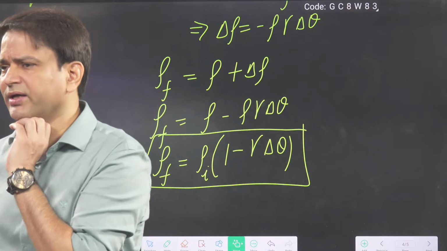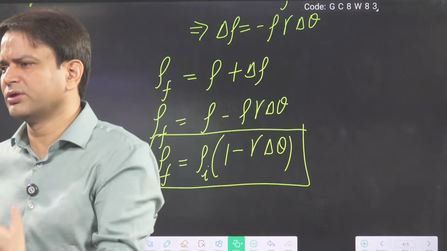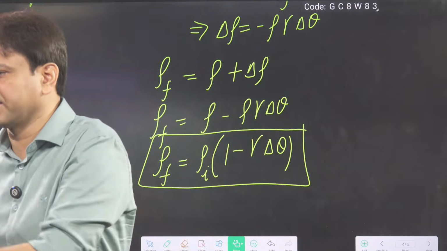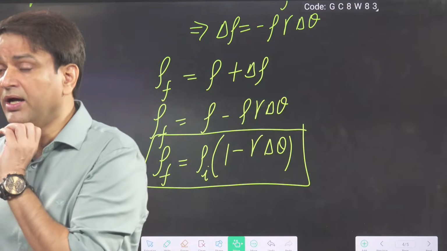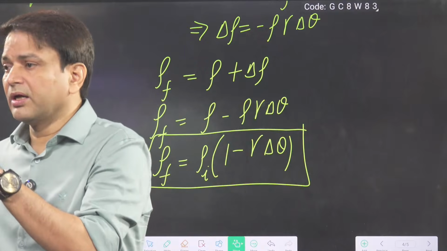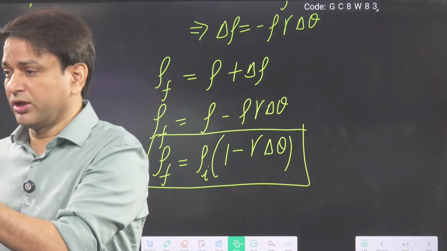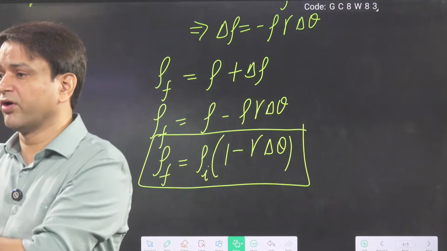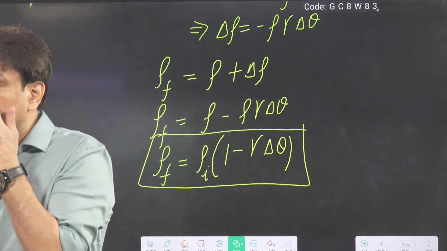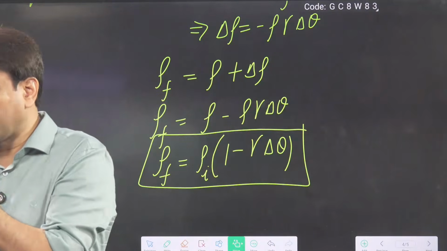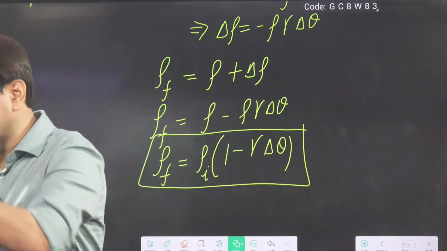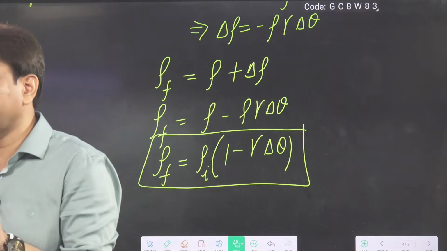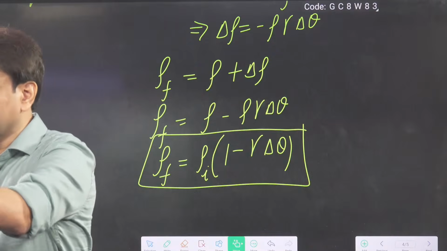Then there is no problem: delta rho by rho is minus gamma delta theta. The problem comes in some symbol questions, where they use rho 1 as the density at theta 1 and rho 2 as the density at theta 2. Sometimes your answer will not match this formula, maybe because the option given does not match it.